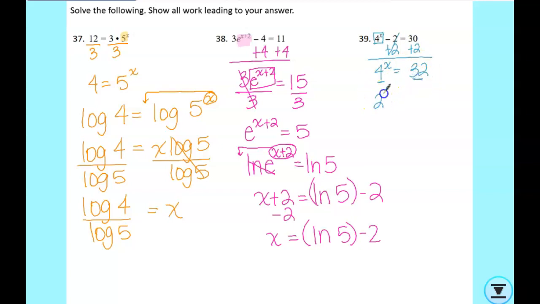So 4 would be the same thing as 2 squared, times x. And 32 is the same thing as 2 to the power of 5. So now that our bases match, we just drop them and use the exponents to find out what x is. So this would be 2x is equal to 5. Divide both sides by 2. x is equal to 5 halves.